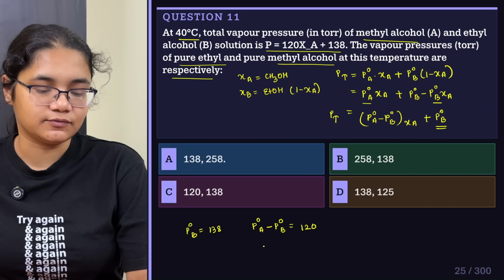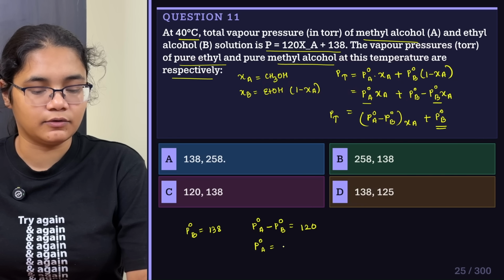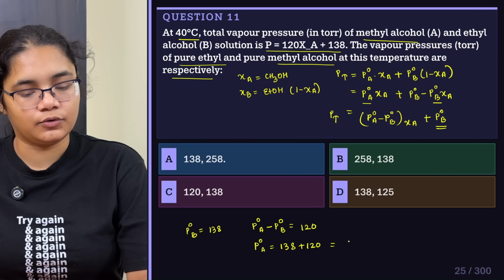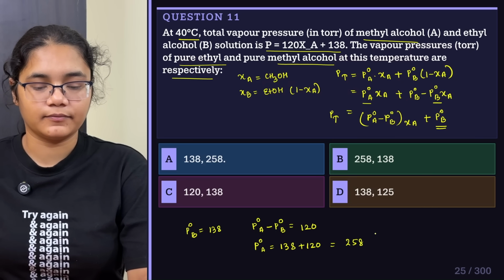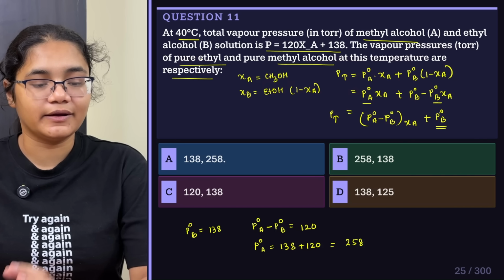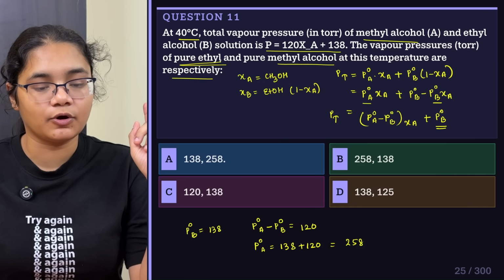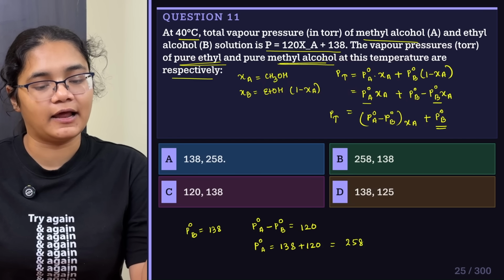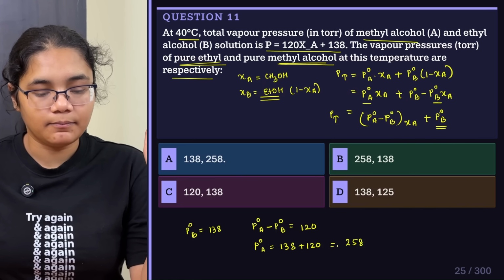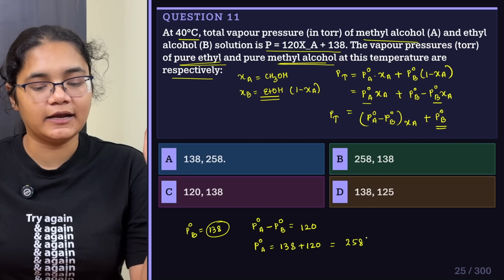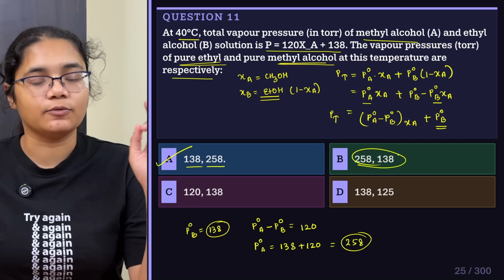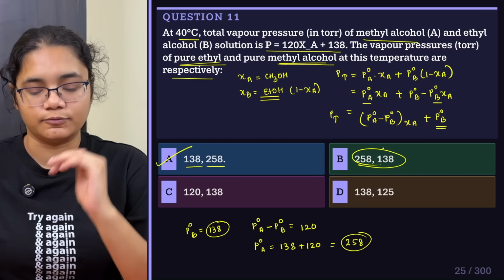So that means P naught B is 138, so P naught A is equal to 138 plus 120, that is equal to 258. Now the question is slightly tricky. It is asking first of pure ethyl alcohol and then of methyl alcohol, right? So pure ethyl alcohol is my PB. PB value is 138 and PA is 258. So it is 138 and 258. You can see similar options, and you may get confused and take the wrong option here.